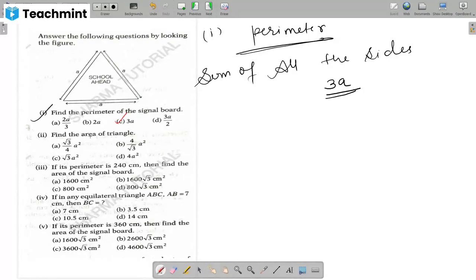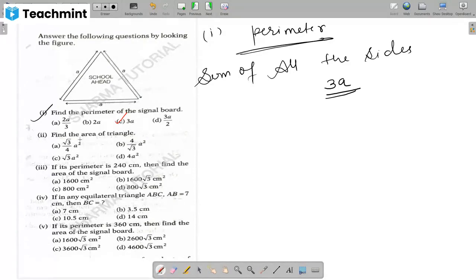Next is find the area of the triangle. Now you know that equilateral triangle means all the sides are equal, right? So there are two ways to find the area of an equilateral triangle. One by directly using the formula, and one, since we are given all the three sides, the sides are A, you can use Heron's formula, or if you know the formula directly, you can use the formula.